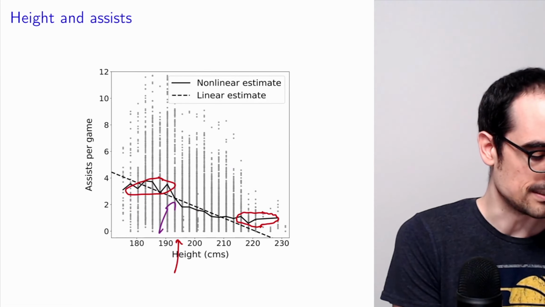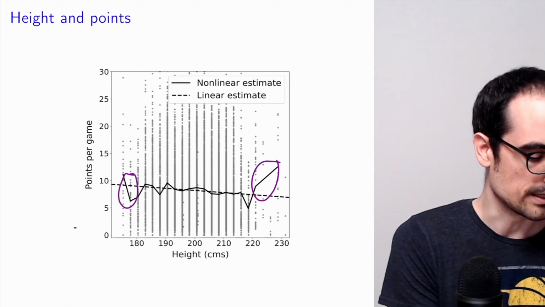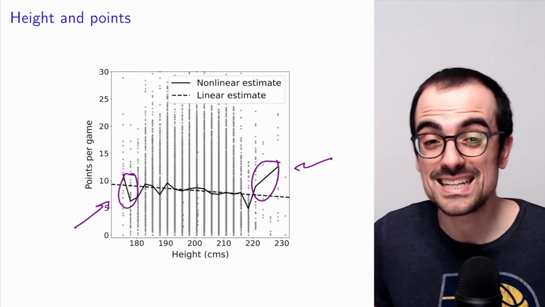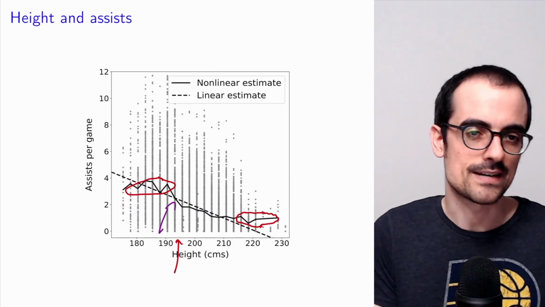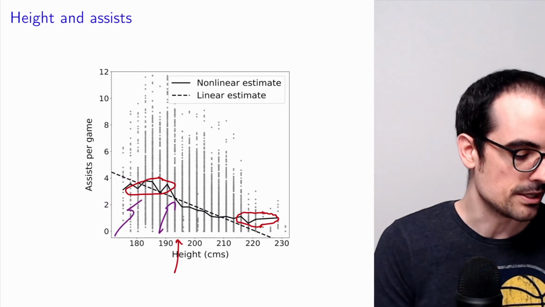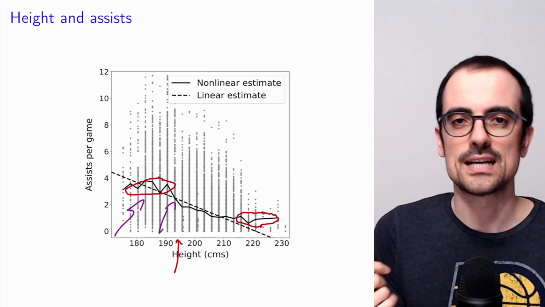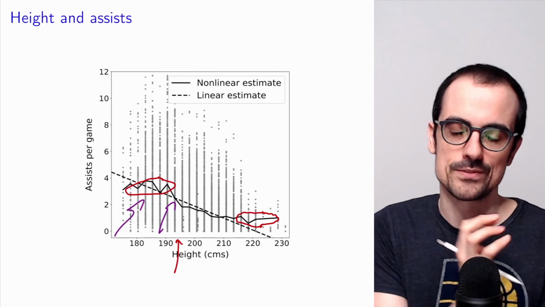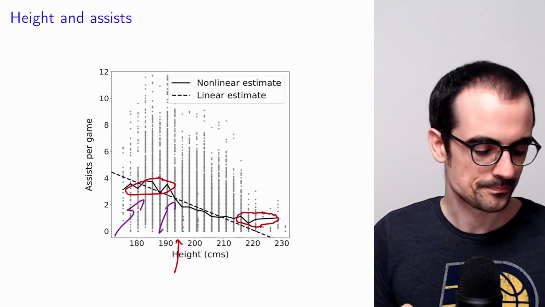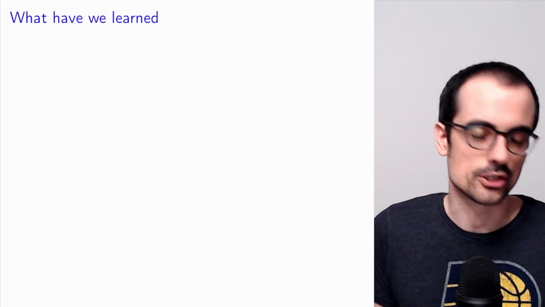So we don't see this noise when we don't have a lot of data, but it cannot capture important structure, such as the fact that assists and probably rebounds should be constant once you condition on the fact that a player is short or very tall. And that's a general trade-off that you're going to have between linear estimation and nonlinear estimation.